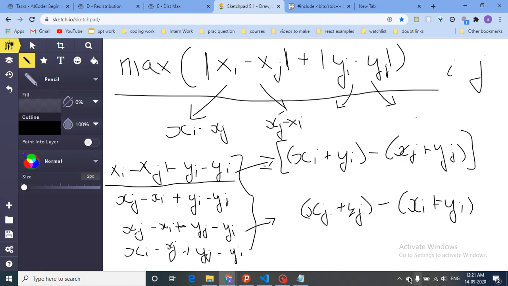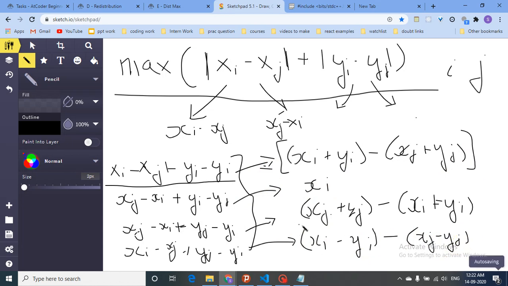This is just this value, as you can see. This is also this value, or you can take xi minus yi, and then take a whole negative of xj minus yj, and if you take a whole negative of this, it will form this expression.